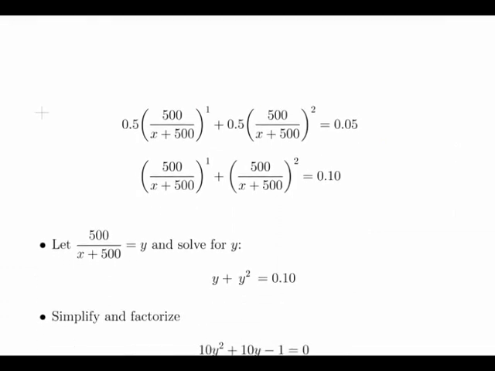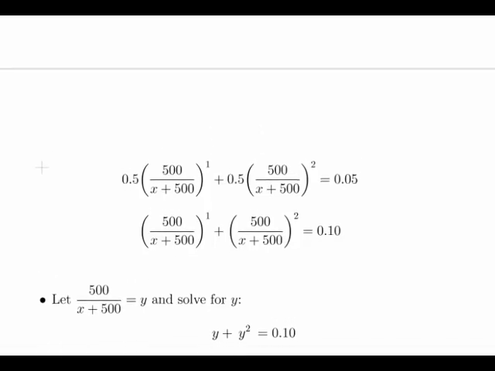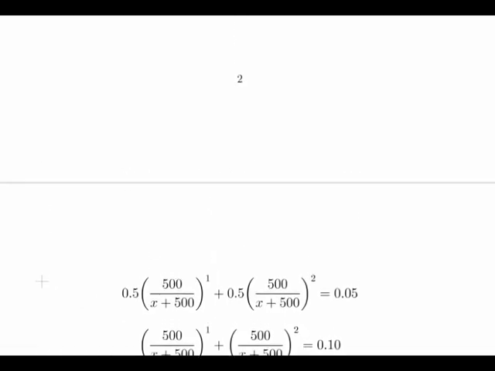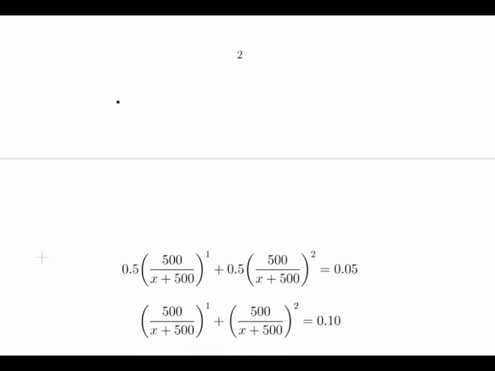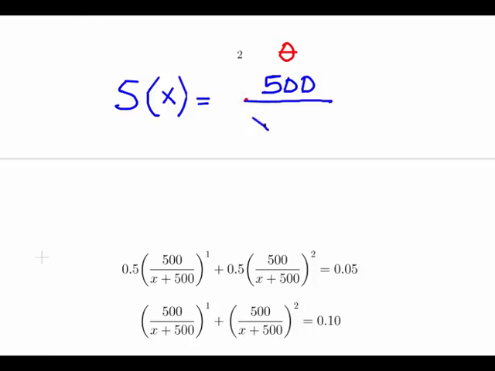Anyway, what we can do here is re-express the survival functions as follows. I'll skip past this because I don't want to spend too much time on showing what the survival functions are. But essentially, the survival function of x in both cases is 500, which is theta, divided by x plus 500, which is theta again, to the power of alpha.